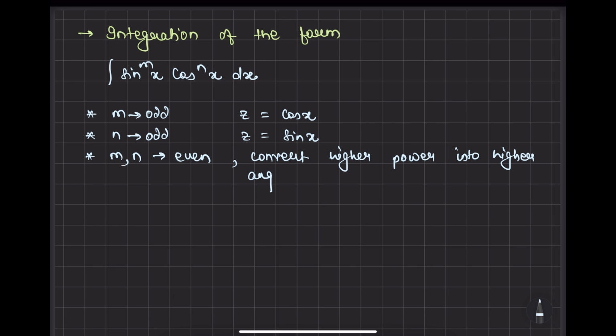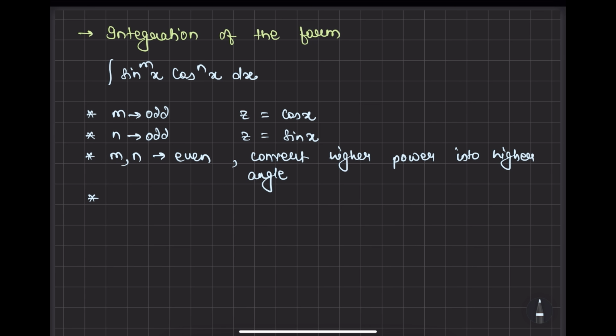Suppose that sine to the power 4x, cos to the power 6x. You know that for sine and cos we have one formula, which is sine 2x. You can apply that. So you have to convert higher power into higher angles, either sine 2 theta or cos 2 theta.